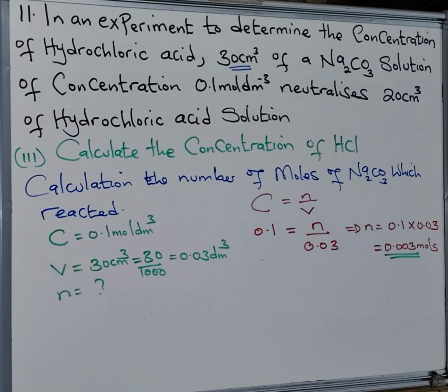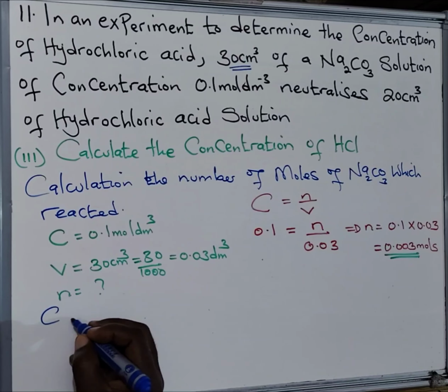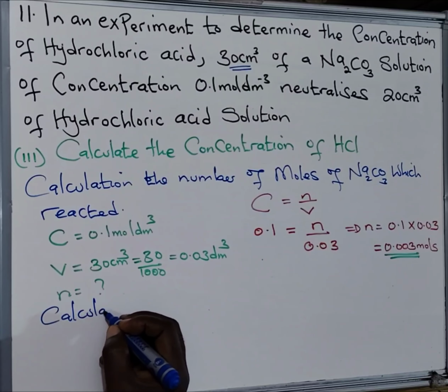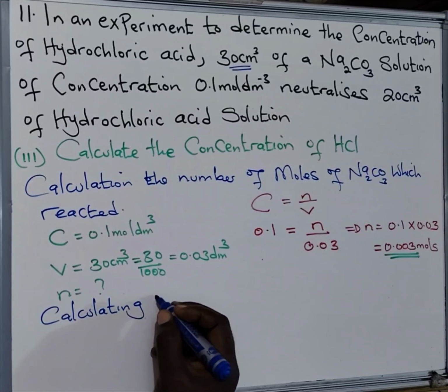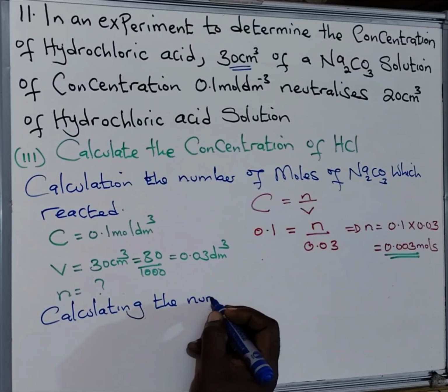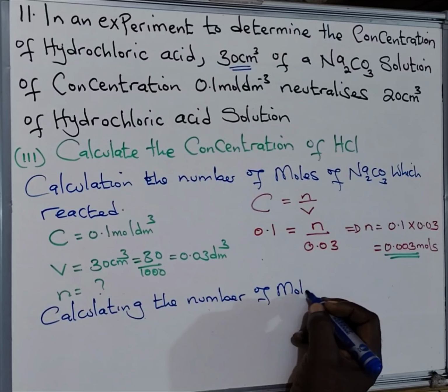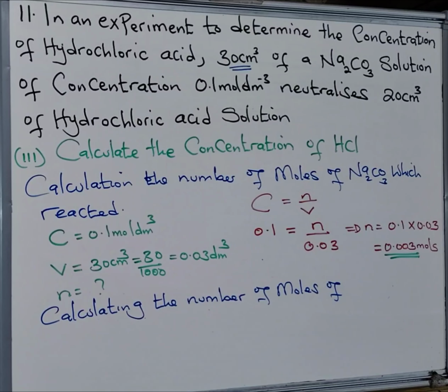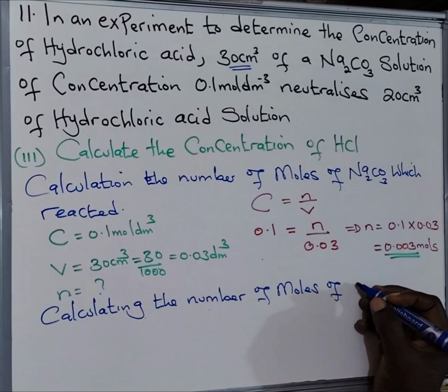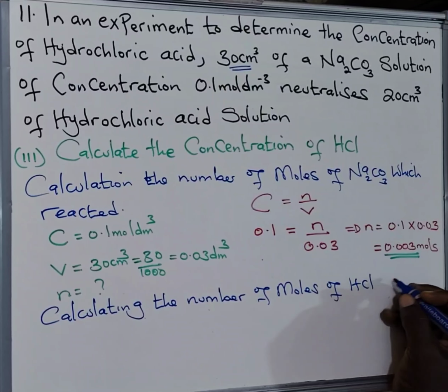What is the next step? The next step is calculating the moles of our unknown, which is hydrochloric acid, which reacted. So you're going to say calculating the number of moles of hydrochloric acid which reacted.